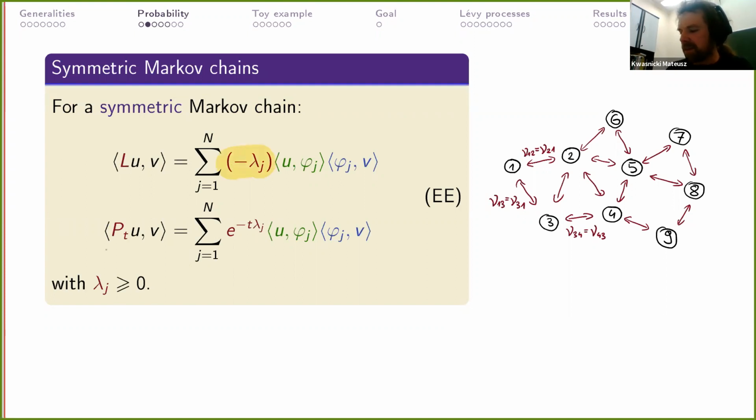Then the eigenvalues of P_t are exponentials of minus t times lambda_j, of course. We put the minus sign to have everything non-negative, because in that case the operator L is negative definite, so it's convenient to have lambda positive. So that's why we put the minus sign. Okay, so that's in the symmetric case, when the transition rates are the same in both directions, unlike in the previous picture.